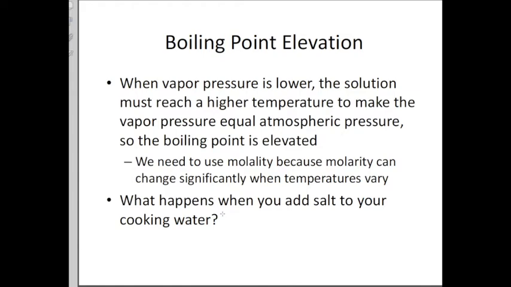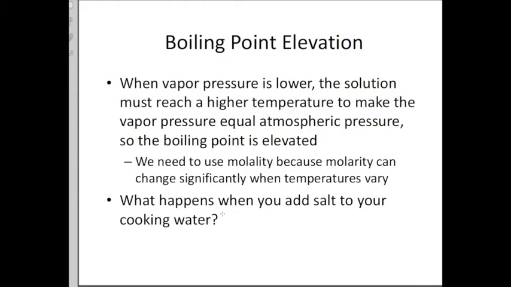So now if we look at this phenomenon of boiling point elevation, we just need to recognize that we can't use molarity because molarity will actually vary depending on the temperature because it's based on the volume. As the solution becomes hotter, it becomes less dense, so molarity can vary significantly.